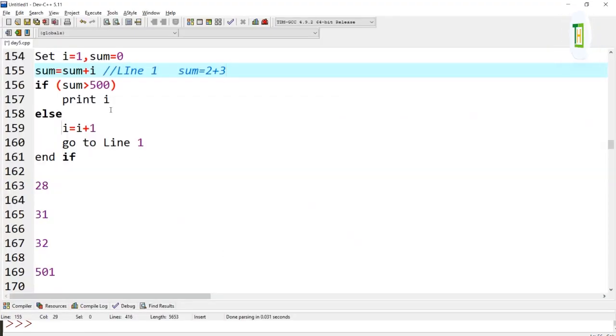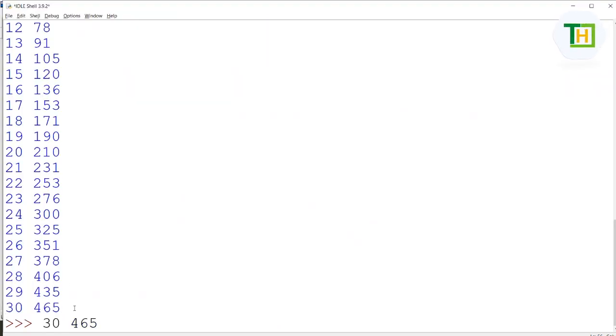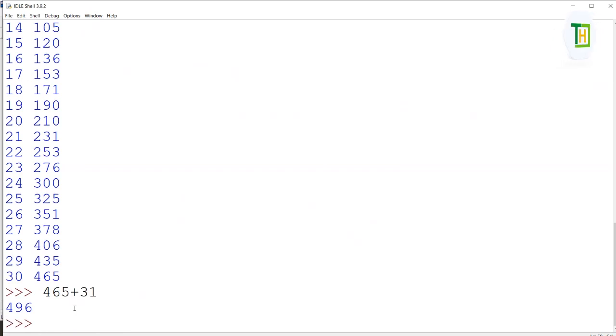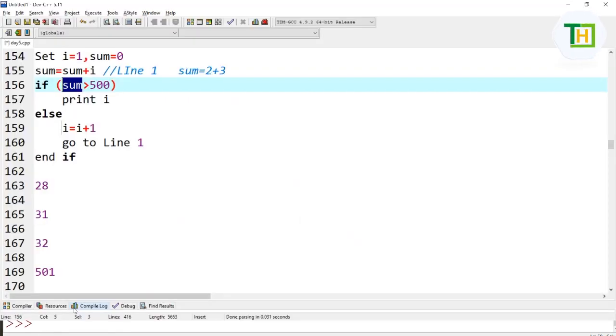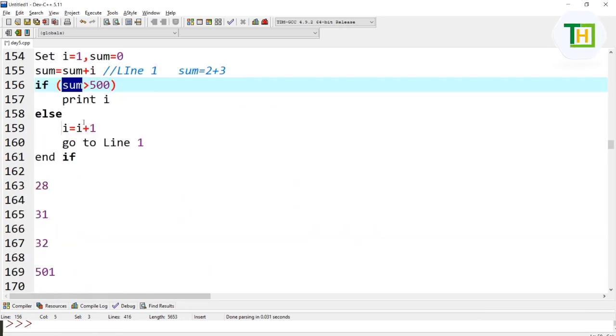465. If it is 465, is 465 greater than 500? No. For example, now I'm going to add plus 31 here. The answer is going to be 496. Is 496 greater than 500?